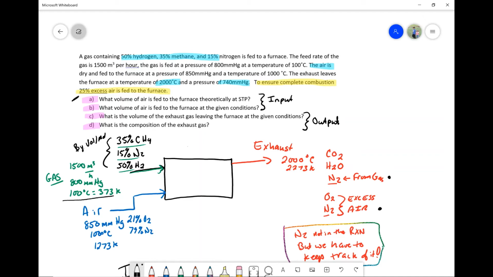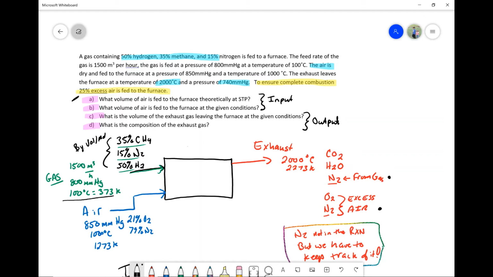So I'm going to propose this. Since we figured out the volume of our input gas at STP, and we know our air at STP, I propose that we calculate at STP first and then bring it up to the given conditions later, because it's going to be much simpler.